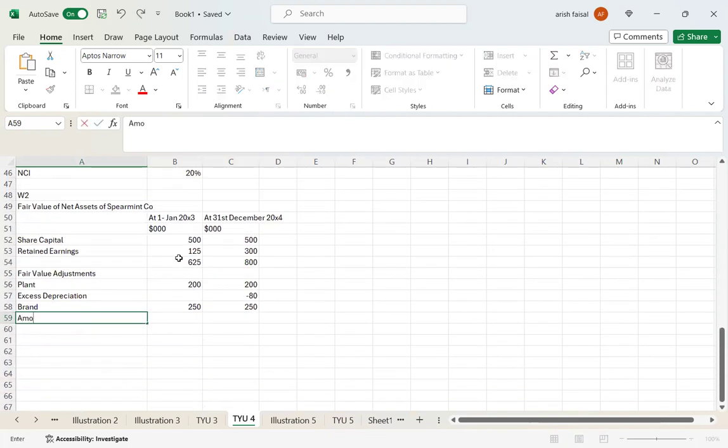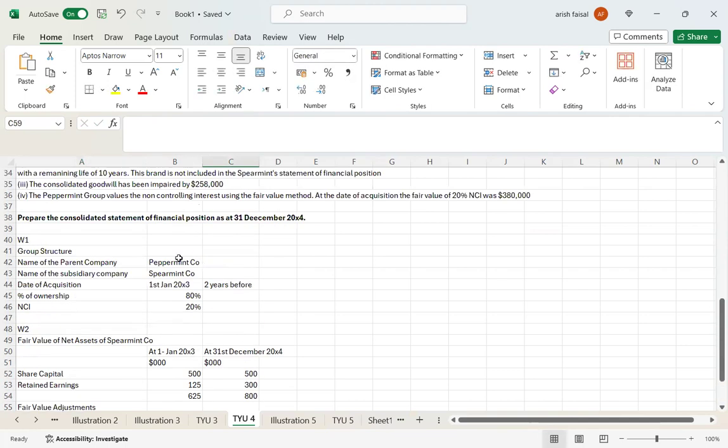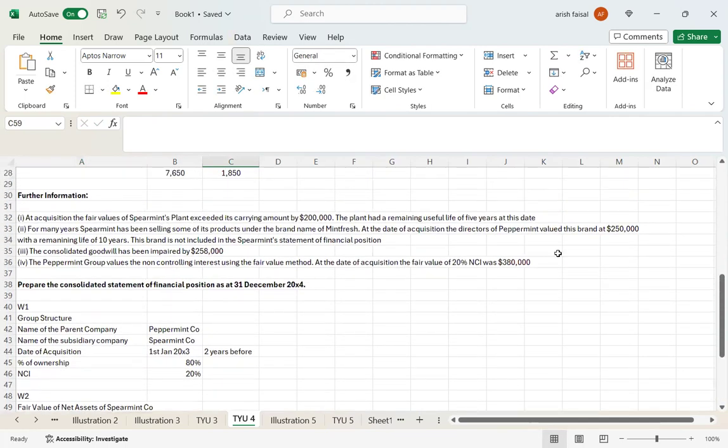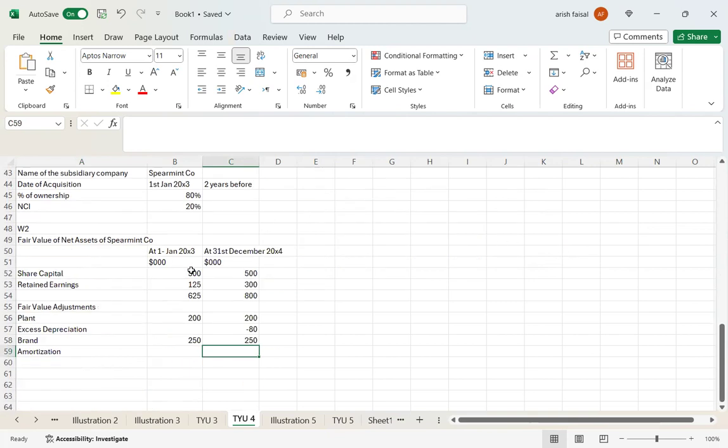So, for the amortization, the life is 10 years, right? So we have to do 250,000 divided by 10, so that makes 25 into 2 years, right? So that makes it up to 50.